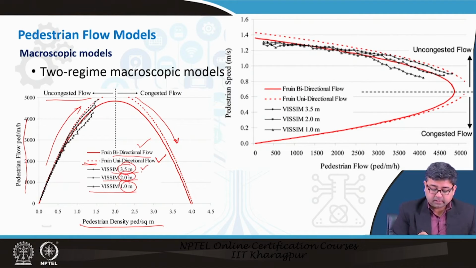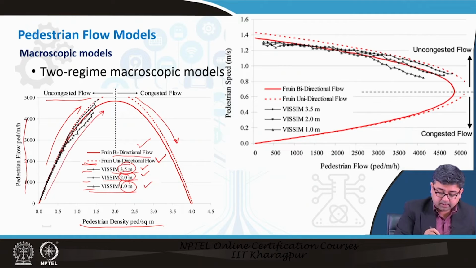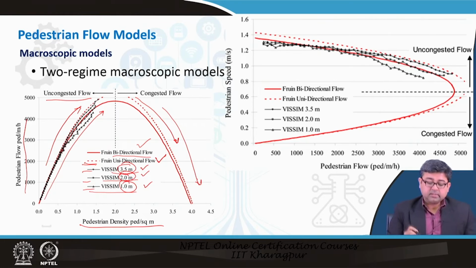Similarly, when simulations were done using VISIM, it could model the uncongested flow pretty well, all the black lines you see, but it was not able to model the congested flow pretty well. So, people have started to make this distinction, that there are two different regimes of the same model.